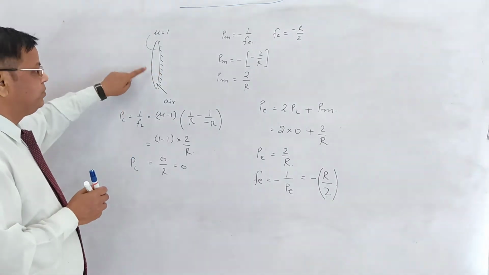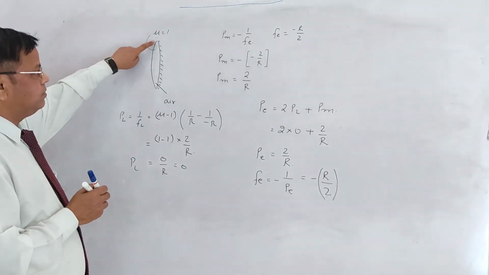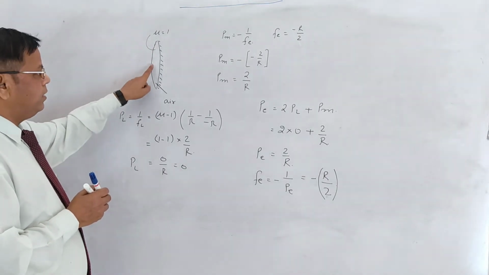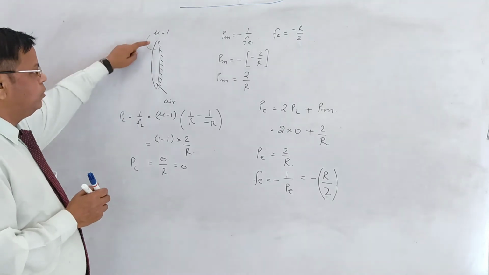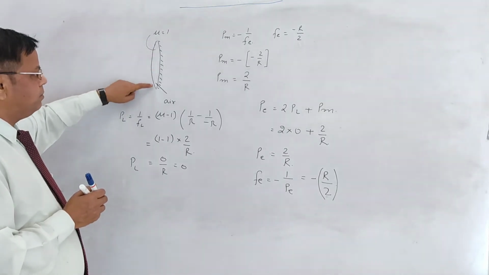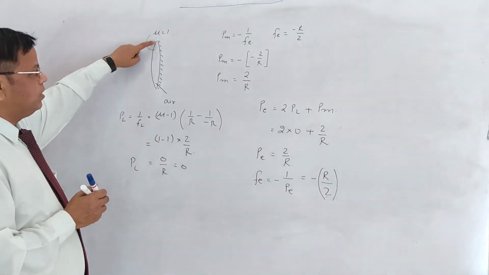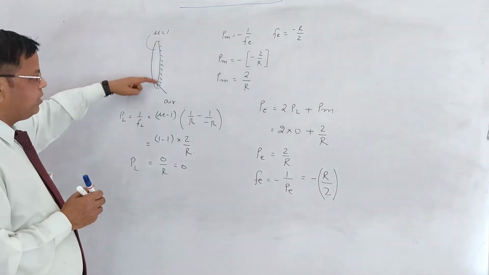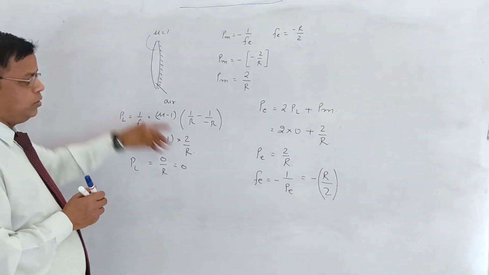It means now the effect of this surface is nothing, 0, because it is very thin and air is present on both sides, so no bending of light is done by this surface. So you can replace this surface. If I replace this surface, it becomes a concave mirror whose focal length is R by 2, and we get the same thing.